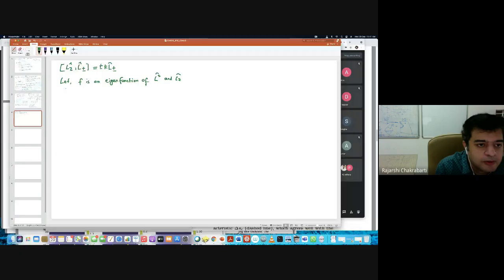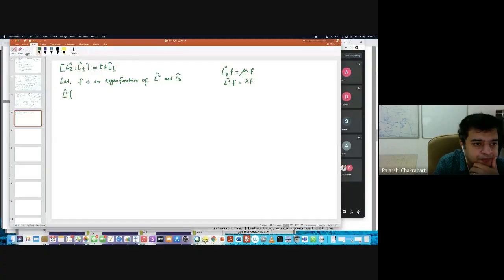Such that when I operate Lz on f, it gives me something like mu times f. And when L square operates on f, it gives lambda f. So now let us calculate this quantity, L square L plus minus f.